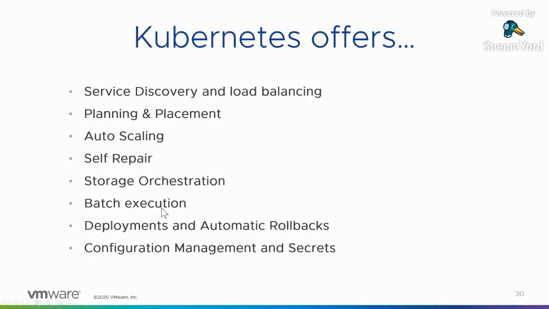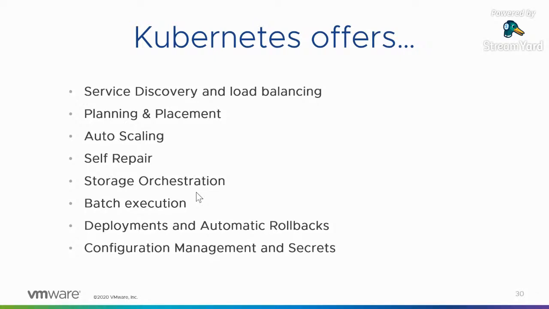And the next point is storage orchestration. This is one feature wherein it will help us to mount network storage devices as a local file system. Why do we need it? We need it when we are using persistent volumes. Most of the data we are using for Kubernetes, we want to store.